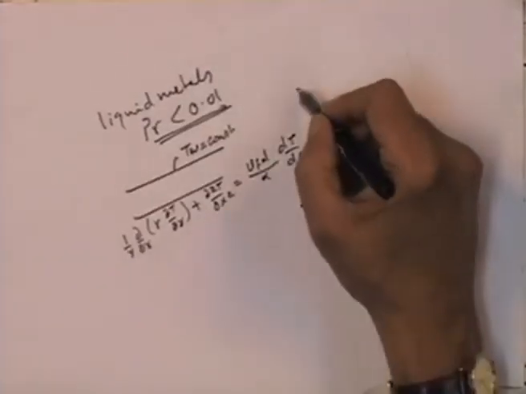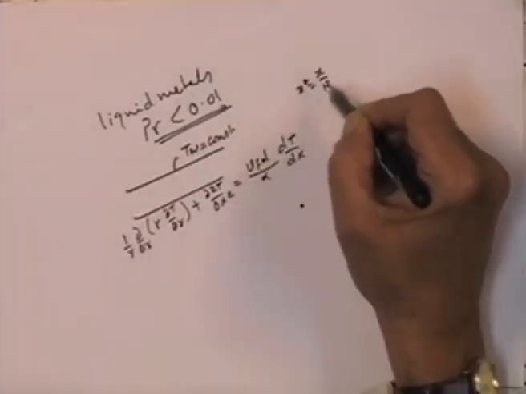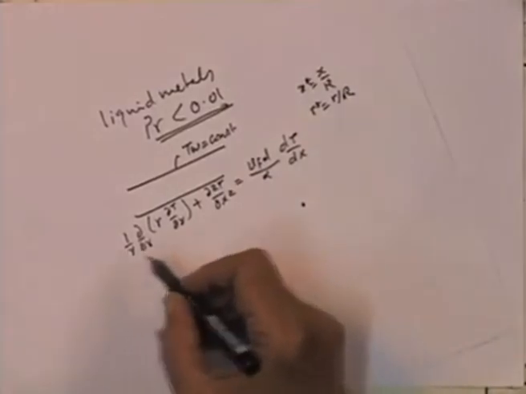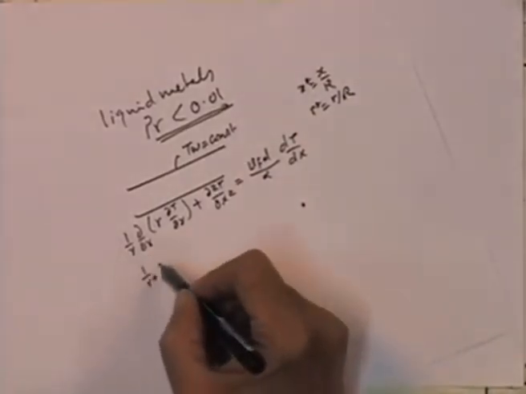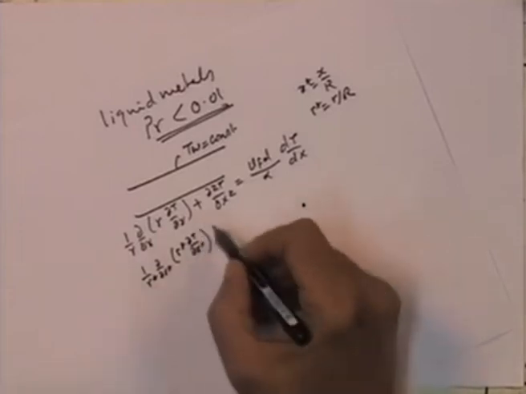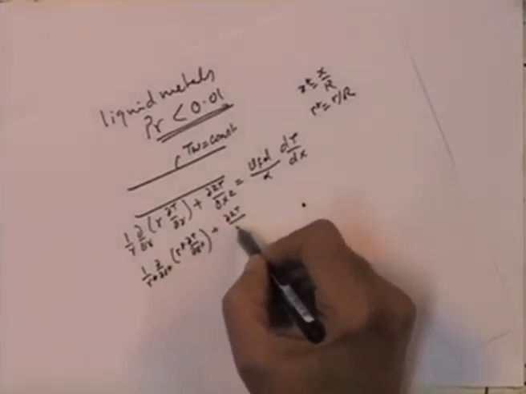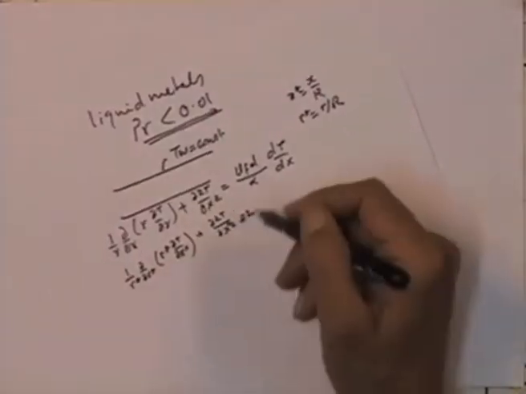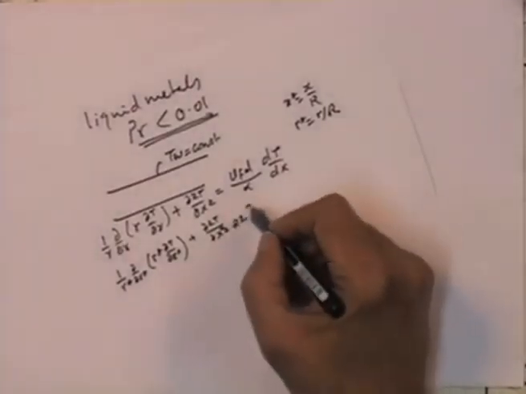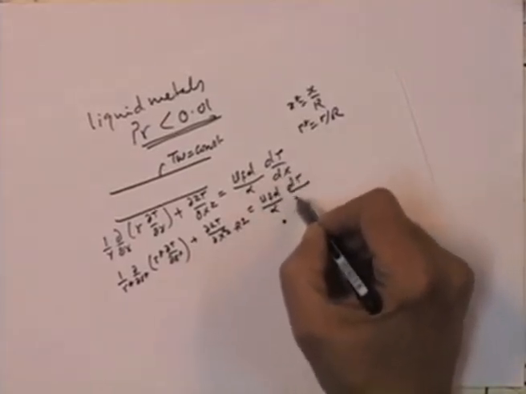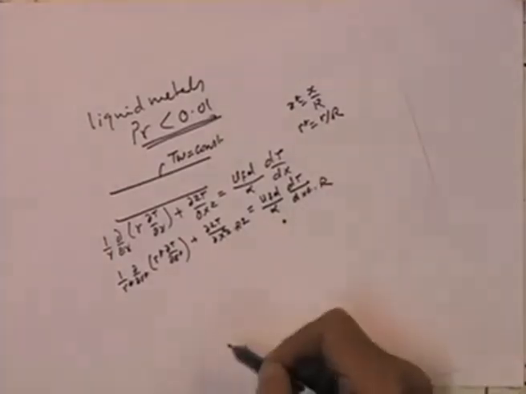Now, if I define x star equal to x by r and r star equal to r by r, then you will notice that this will become simply 1 over r star d by dr star into r star dt by dr star plus d2t by dx square r star square equal to UFD by alpha dt by dx star into r.